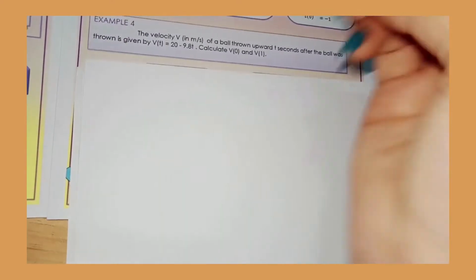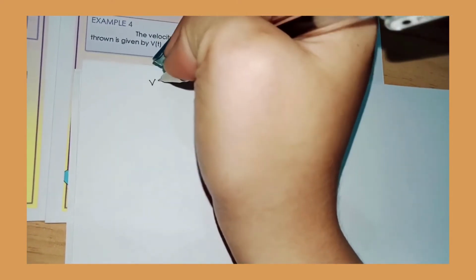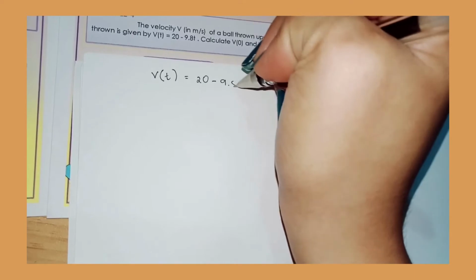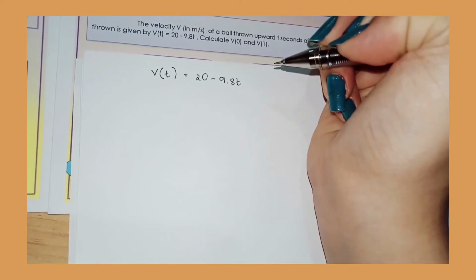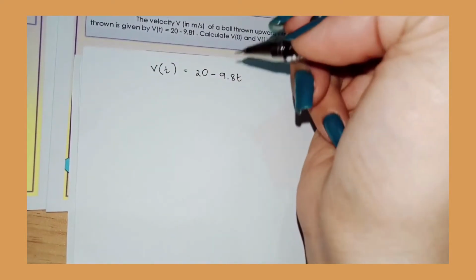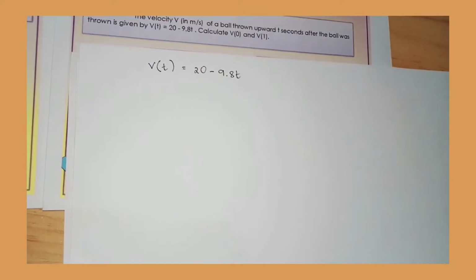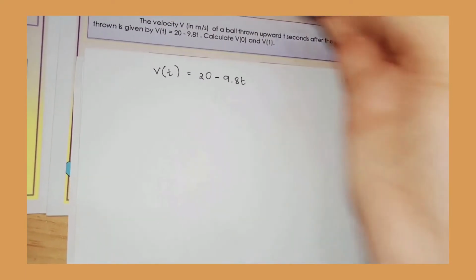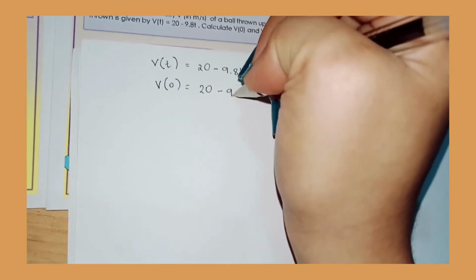So first thing to do, we need to copy the original equation, which is velocity of t, or v of t, is equal to 20 minus 9.8t. Next, we need to solve for v of 0 first. So lahat ng t, papalitan natin ng 0. So this will be v of 0 is equal to 20 minus 9.8.